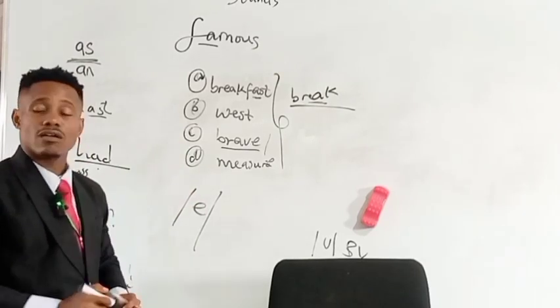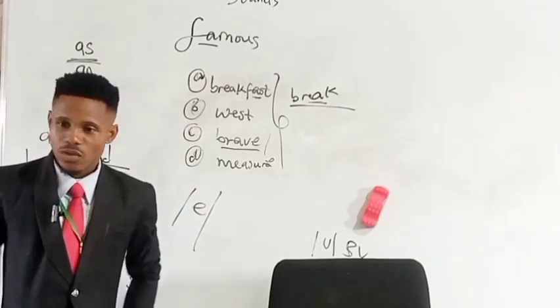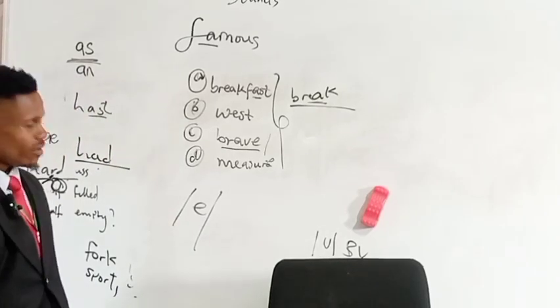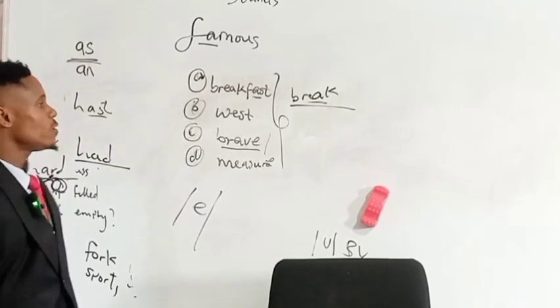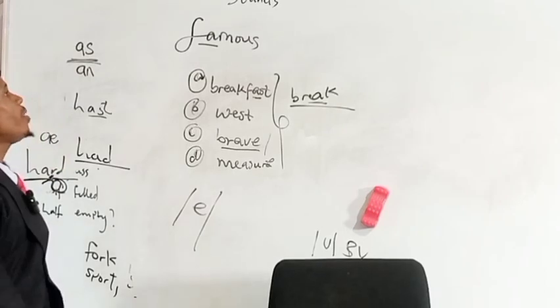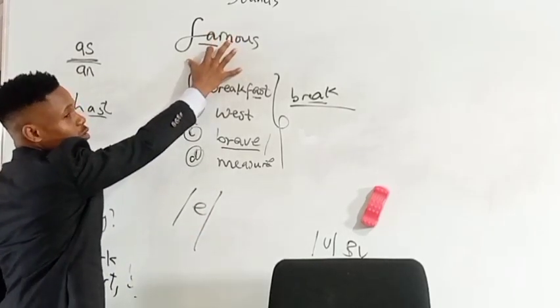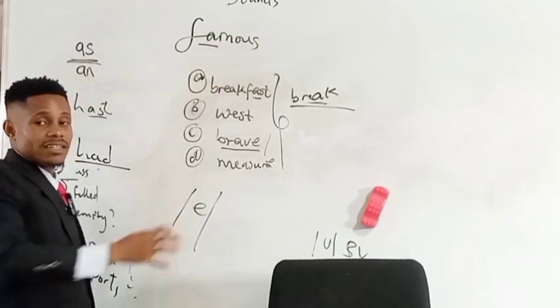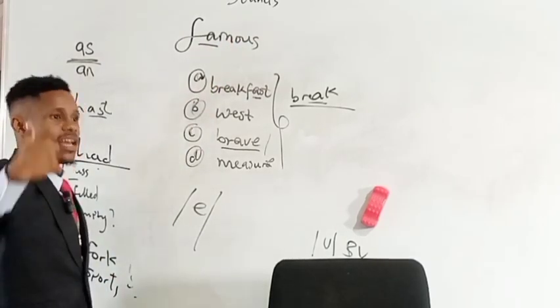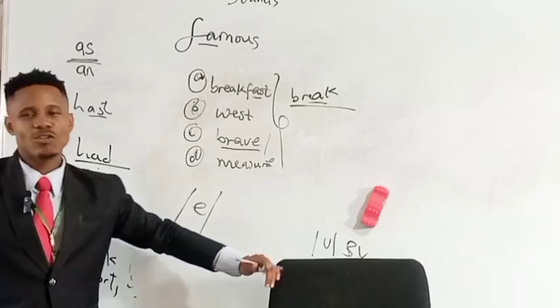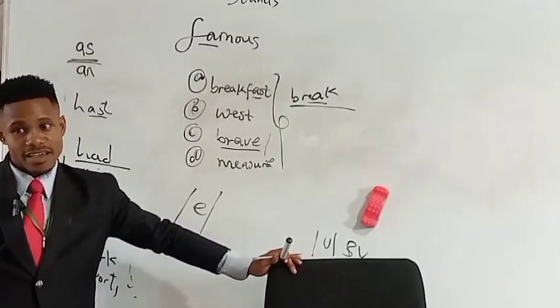Are you not following yourselves? No, you have to follow yourselves, first of all. So now, coming to famous, I told you that famous is what? The inverted E. And then the inverted E is a kind of lazy A.